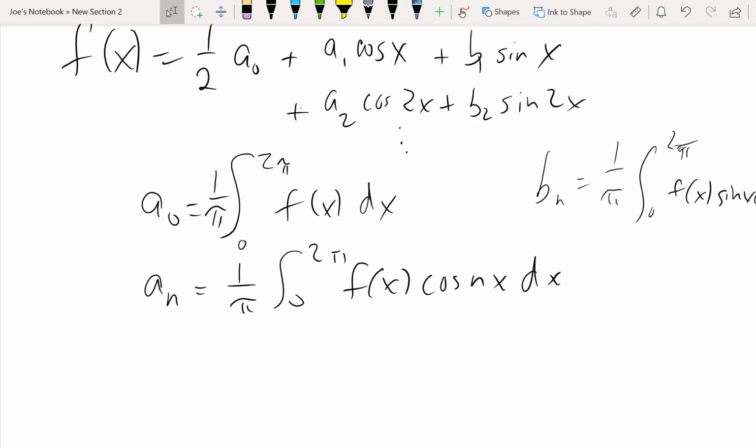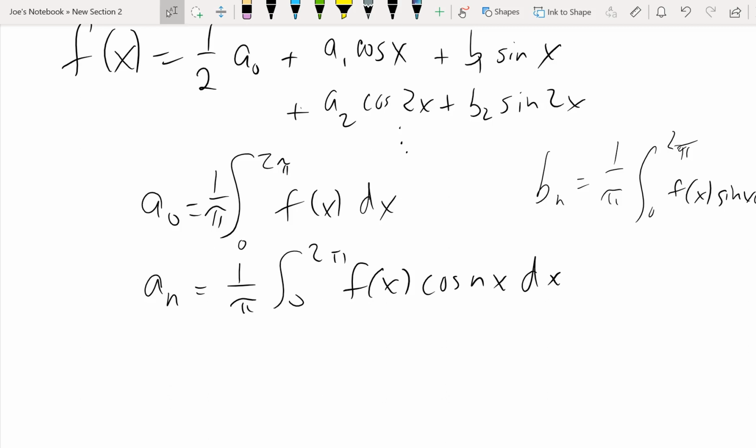Okay. In general, though, we don't always have to have a period of 2 pi. We can use whatever period we want. We can have whatever starting point we want. The things that will change, of course, is this integral will be over one period. So in the example that we're going to do, we'll integrate from -1 to 1 because that's one period.